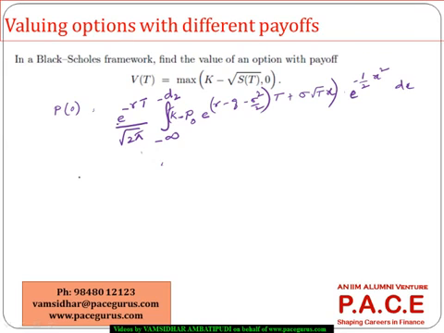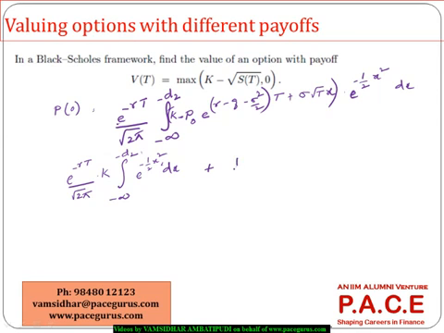So probably I could very well write it as e power minus rt by root 2 pi into k into the integral from minus infinity to minus d2 of e power minus half x square dx, and let me expand the remaining part. So e power minus rt, and this is e power plus rt going off.